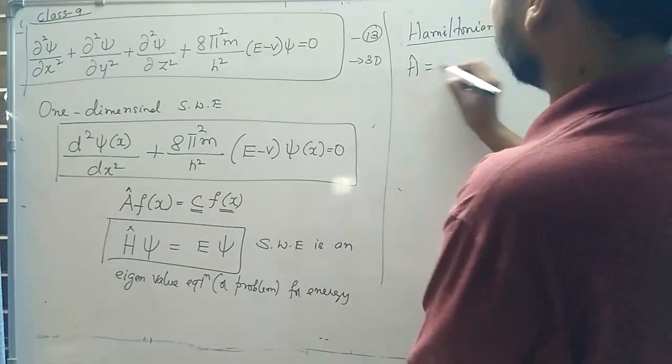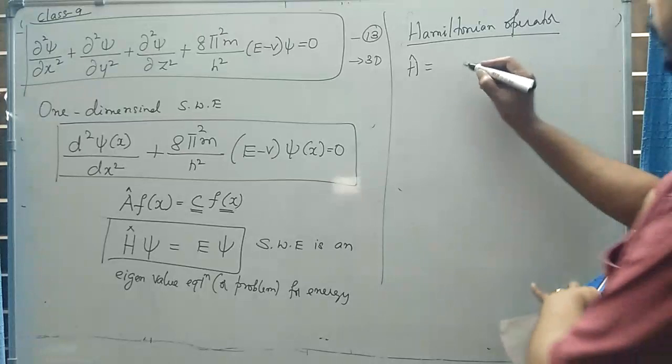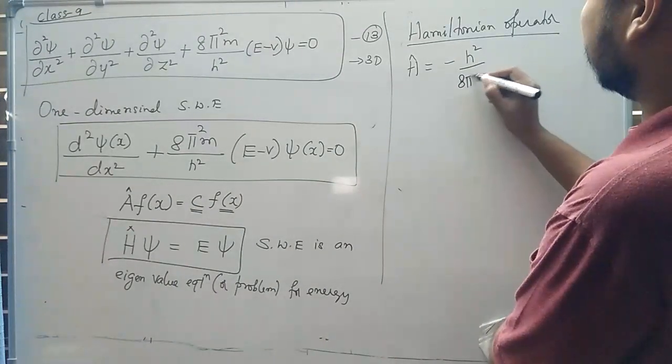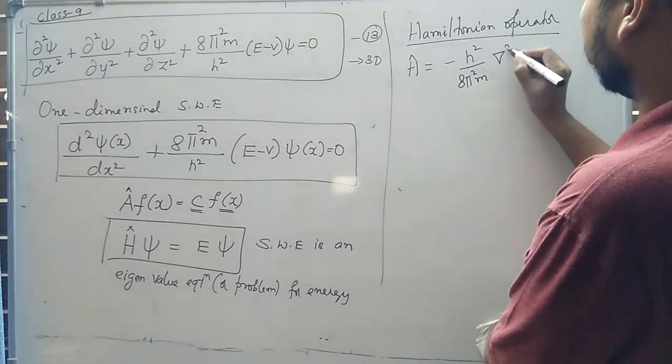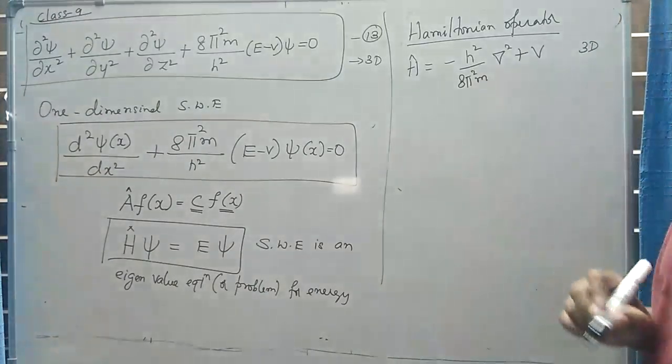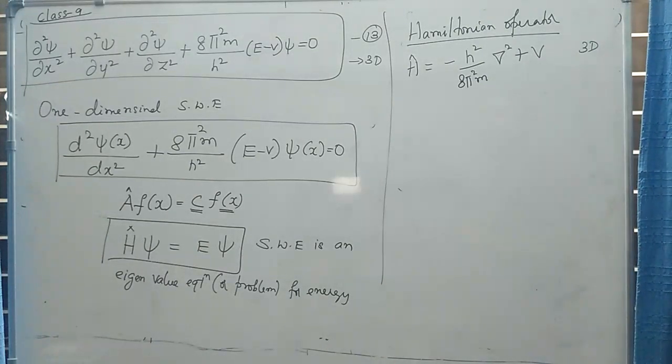So in 3 dimensions, the Hamiltonian operator is given by the expression H is equal to minus h square by 8 pi square m into del square plus V.